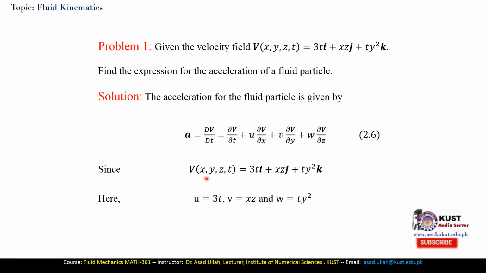Now we know that the velocity field is given by this equation, that is V is equal to 3t i plus xz j plus t square y k. In this velocity vector, we get the u component of the velocity which is equal to 3t, and similarly v and w are given by xz and ty square respectively.